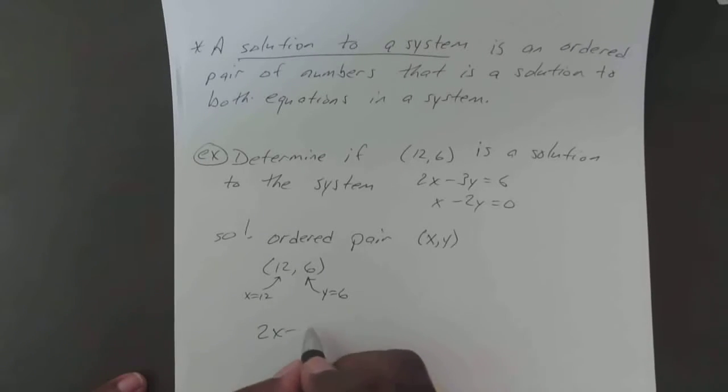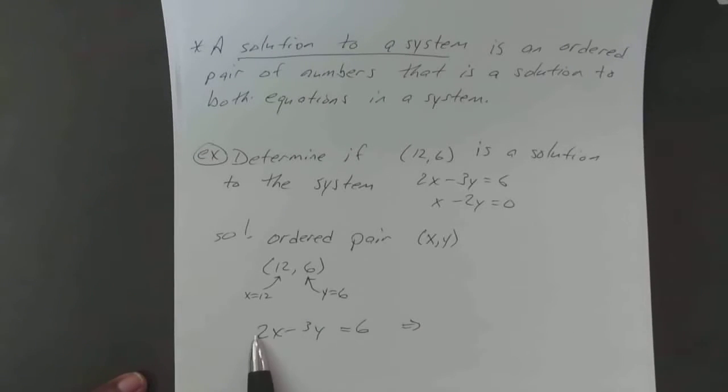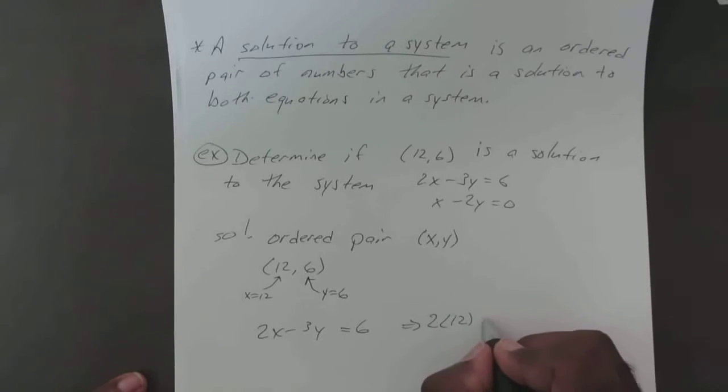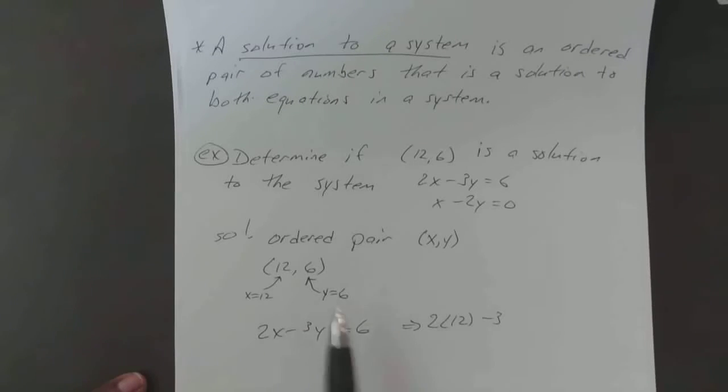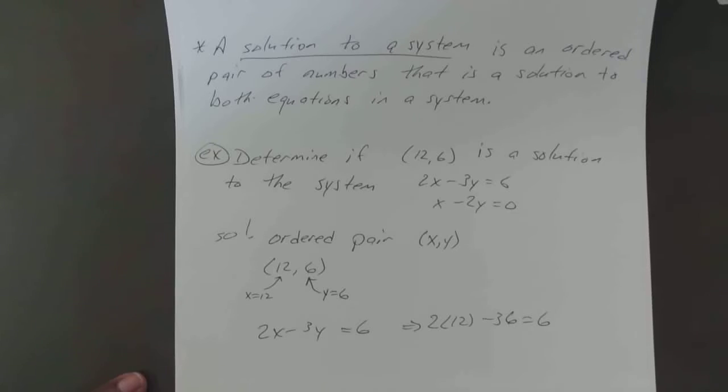Okay, so you have 2x minus 3y equals 6. If we replace our x and y, that would be 2 times 12 minus 3 times 6 equals 6. So 2 times 12 is 24. 24 minus 36 does not equal 6.